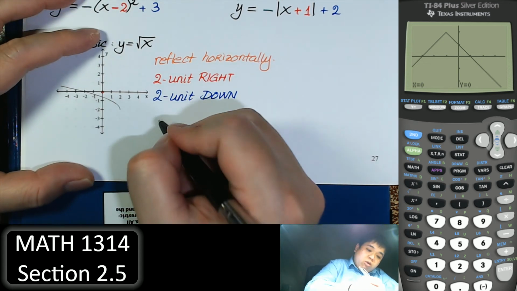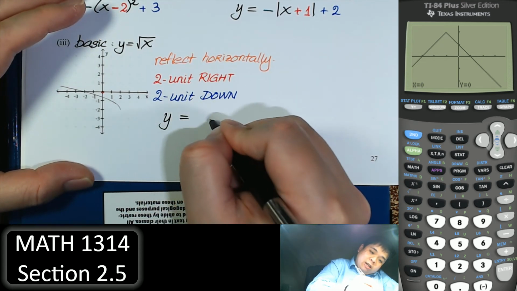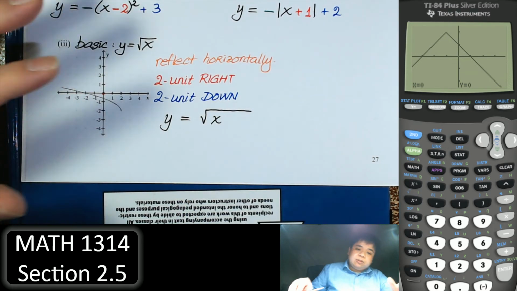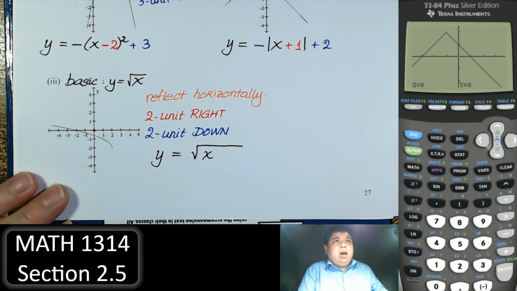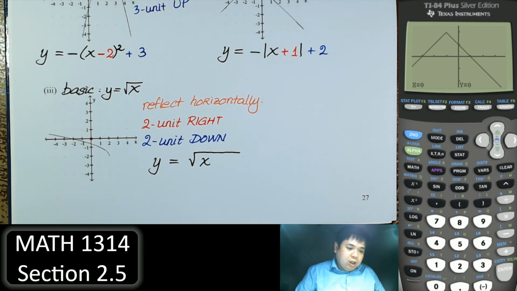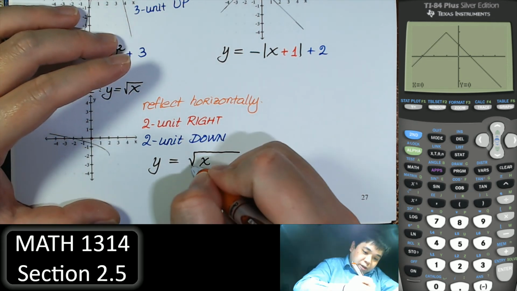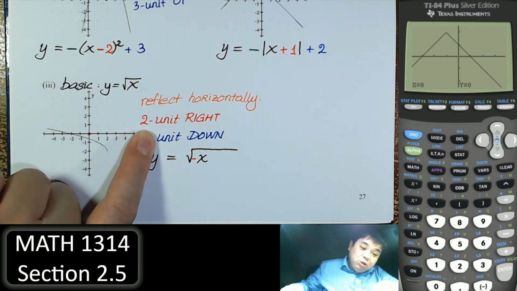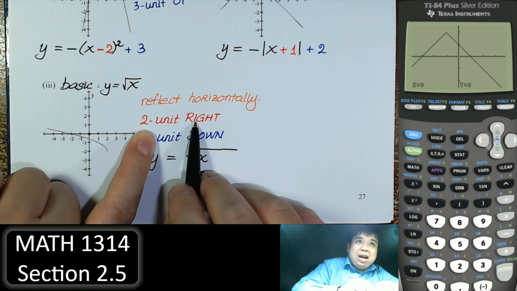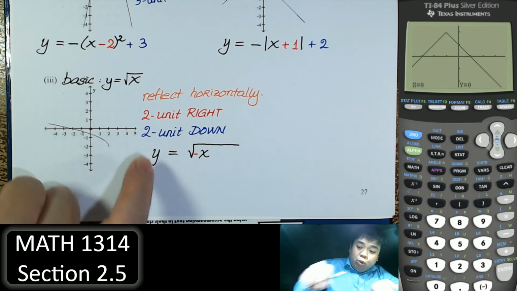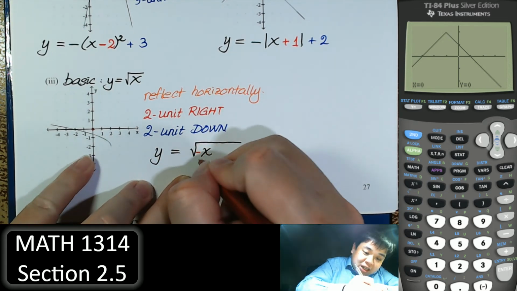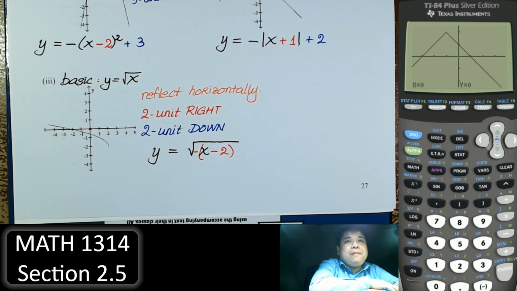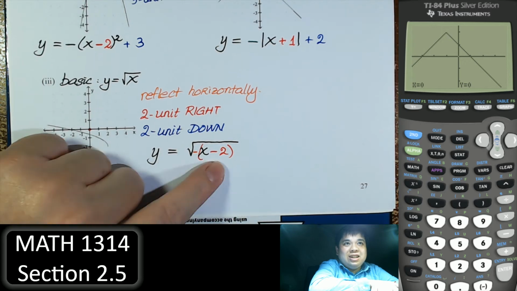Right, so to construct that, we have y equals the square root of x. That's the basic function. Right, now reflect horizontally, meaning there's the minus here. 2 units to the right, so that has to be minus 2 to x. However, we minus 2 to x, so it has to be immediately like that, and then the subtract affecting that.